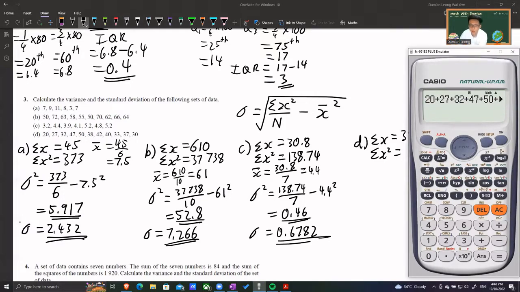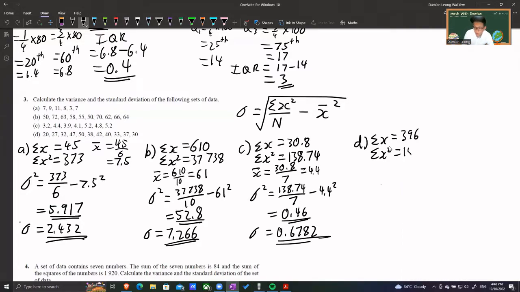Then each of these values I square: 20 square, 27 square, 32 square, 47 square, 50 square, 38 square, 42 square, 40 square, 33 square, 37 square, and 30 square.